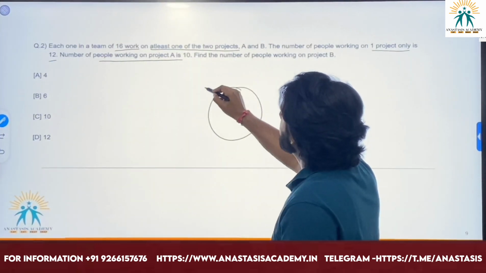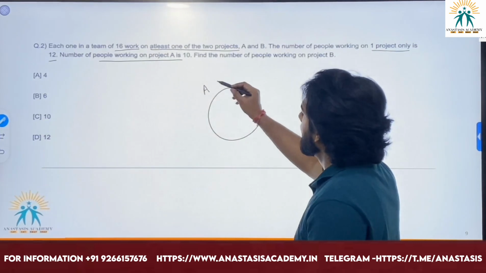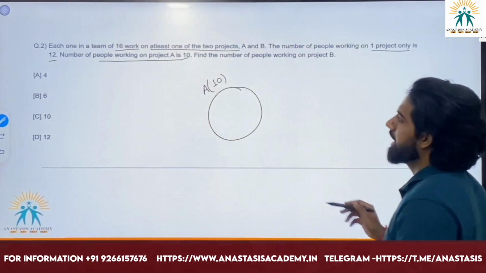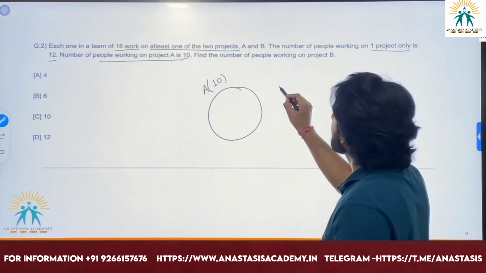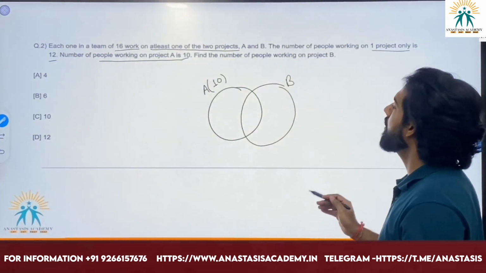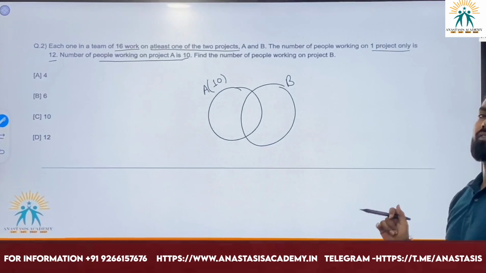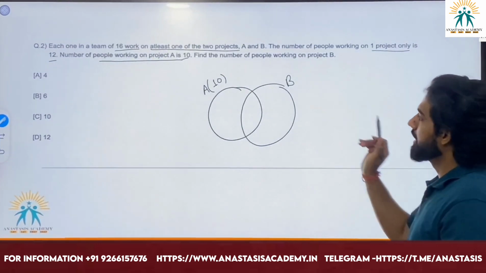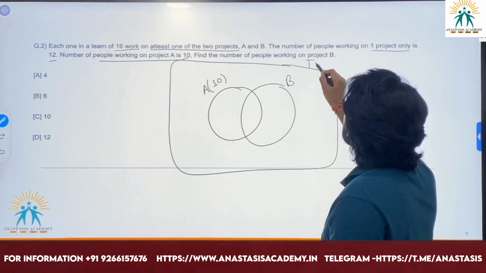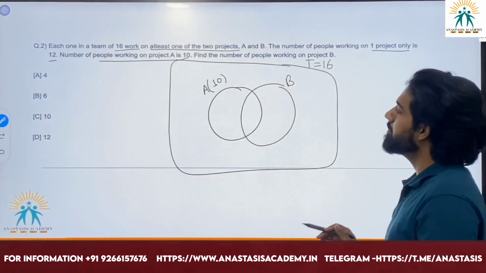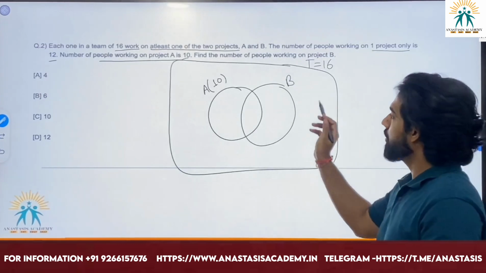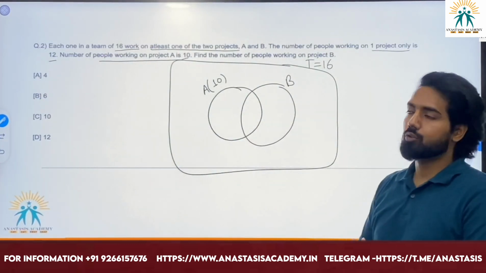So there are two projects. This is project A. The number of people working on this project is 10, and there is another project, that is B. I do not know the number of people working on this project, but there are a total of 16 people in this team, and each one of them works on at least one of the two projects.